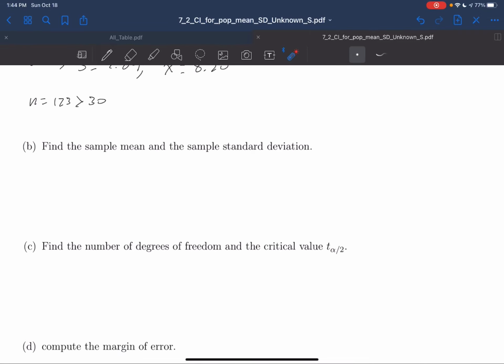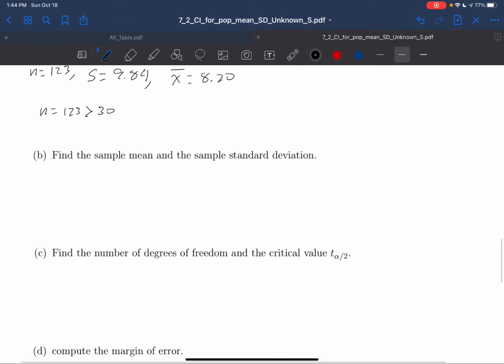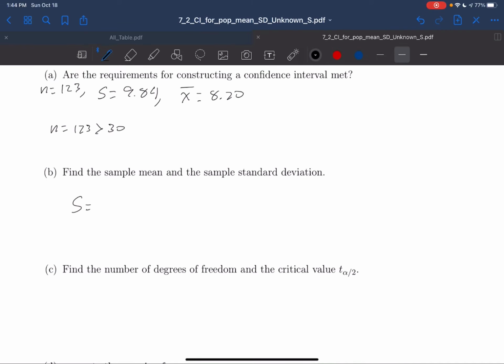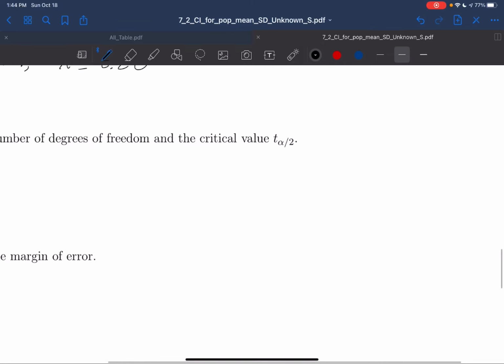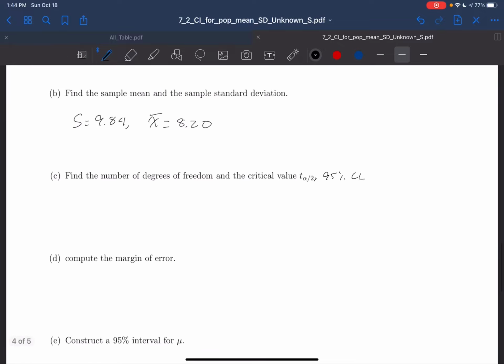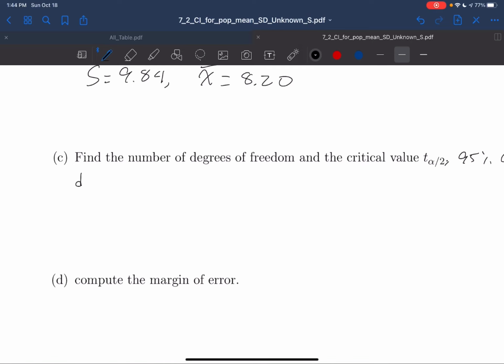Let's find the sample mean and sample standard deviation. This is pretty straightforward: S is equal to 9.84 and X bar is equal to 8.20. We want to find the number of degrees of freedom and the critical value. I forgot to mention that we're dealing with a 95% confidence level. So here, our degrees of freedom is equal to n minus 1, which is 123 minus 1, which is 122.